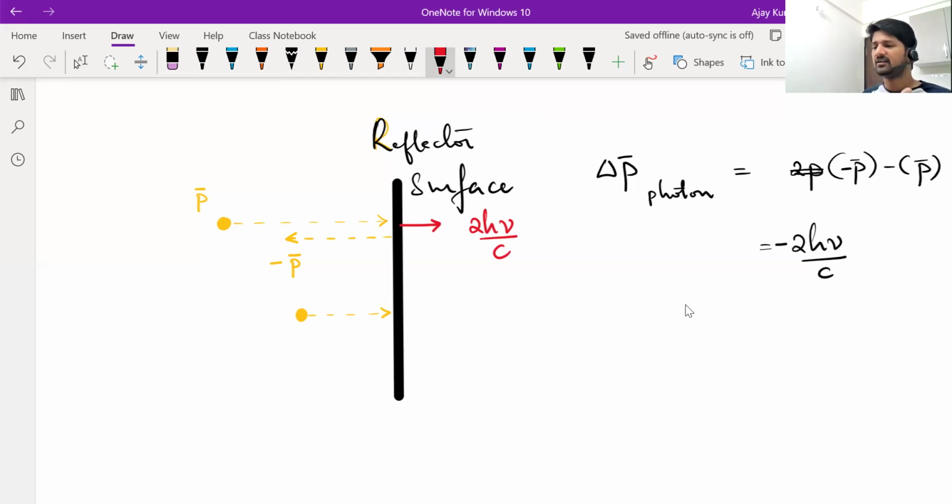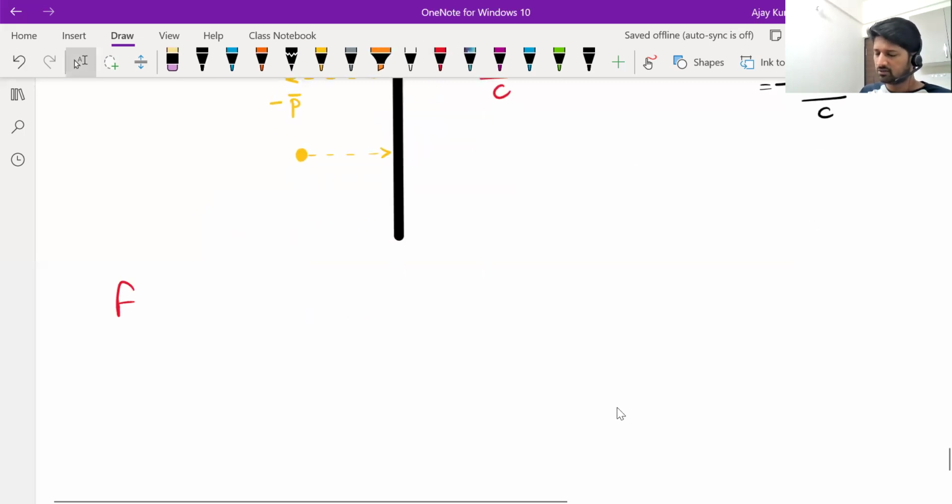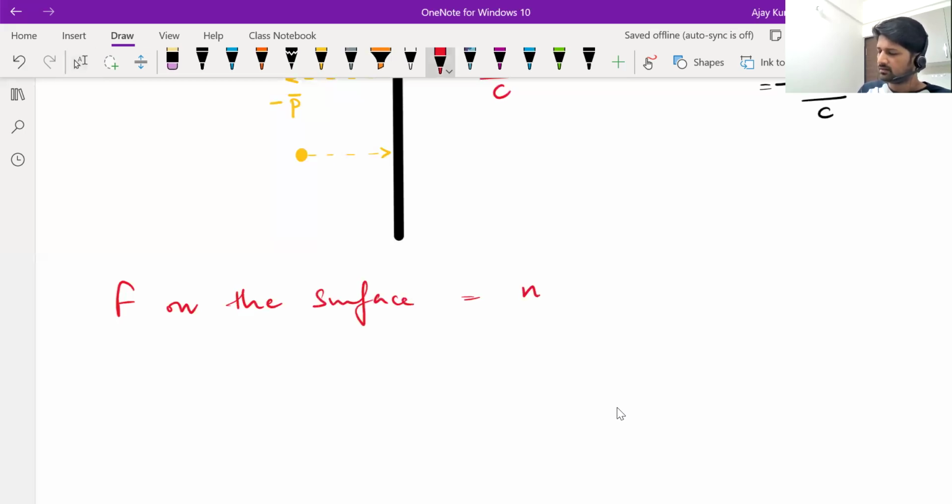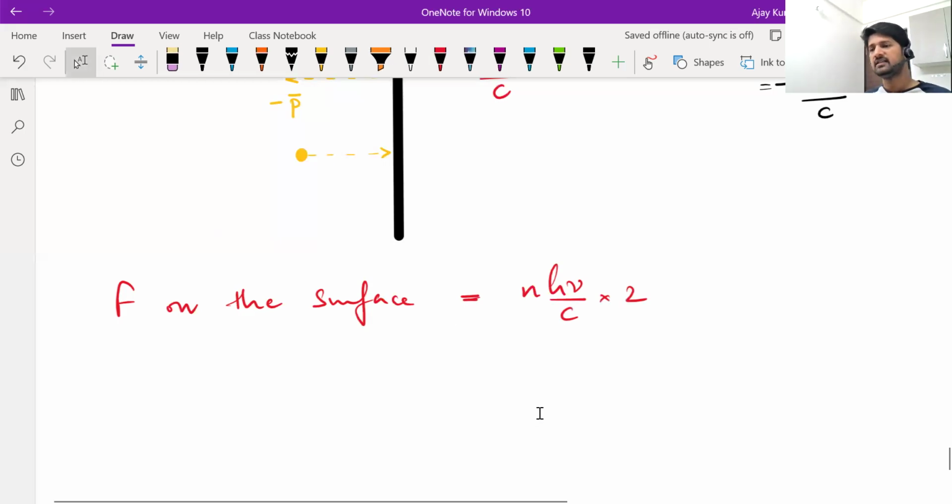When it is a perfect reflector, the momentum imparted is 2 h nu by c, double momentum in the same amount of time. Then that doubles the force. So the force acting on the surface will be small n h nu by c into 2, where small n is the number of photons striking per unit time. Capital N divided by delta t, we wrote it as small n. So it'll be 2 times the force experienced in case it's a perfect absorber.